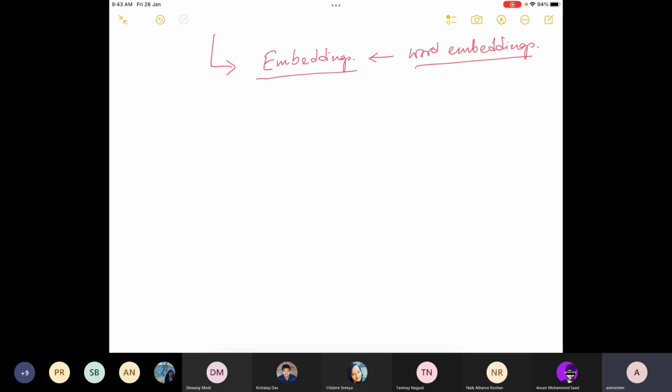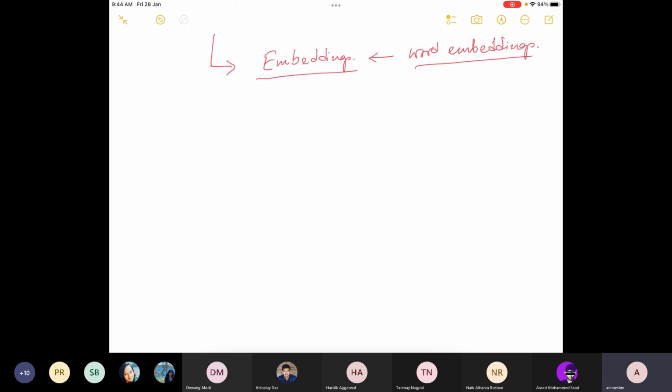So does anyone know what a word embedding is? Can anyone give a small briefing? Sir, mapping of a word in natural language to a vector space. Very good. This is Hardik, right? I'm hearing the voice after a long time.